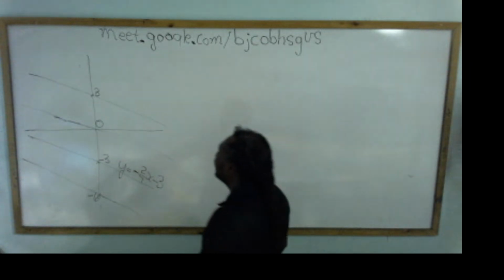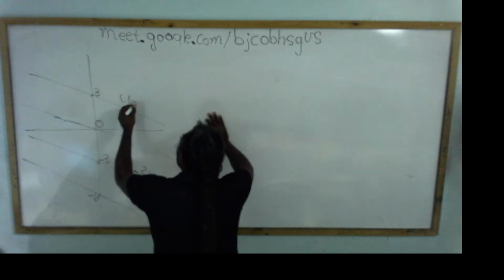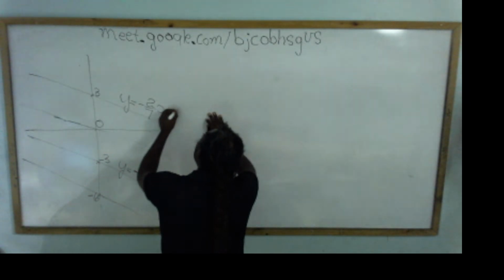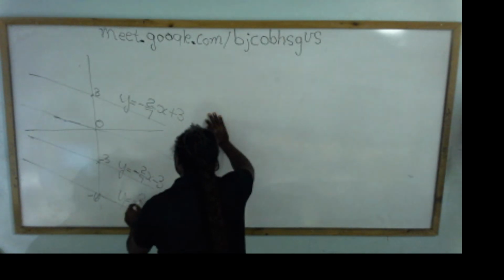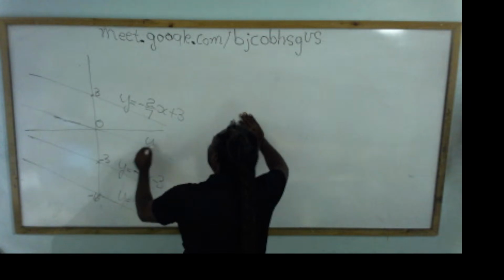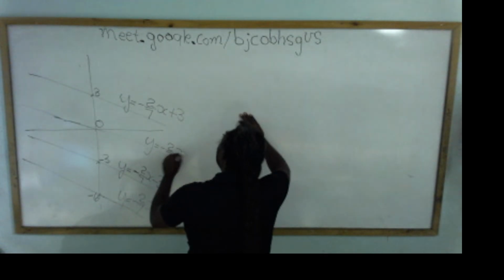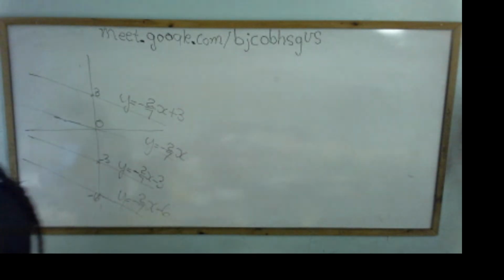So the others will be, of course, the gradient will be the same. Y is equal to negative 2 over 7x plus 3. Y is equal to negative 2 over 7x minus 6. And finally, y is equal to negative 2 over 7x. That's how it is.